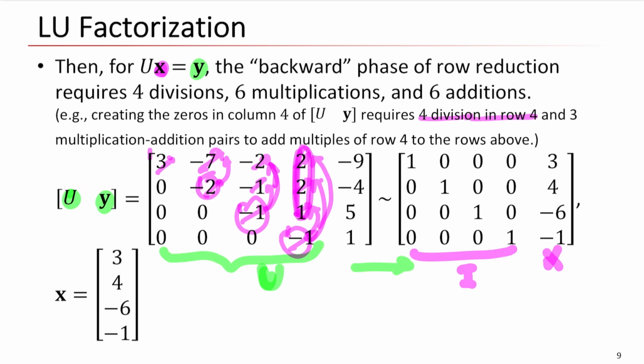What does it mean? Why do we need 4 row divisions? First of all, this is row 4, right?